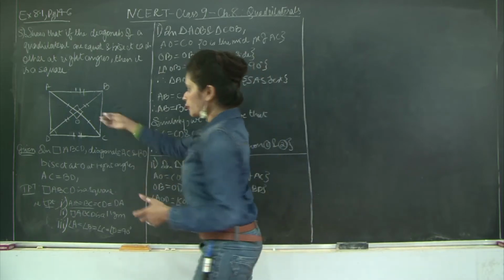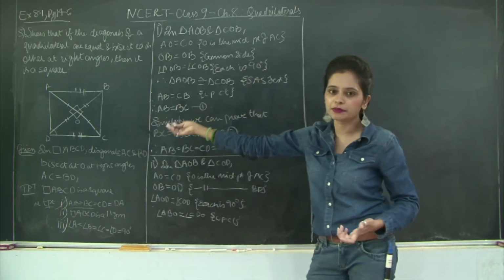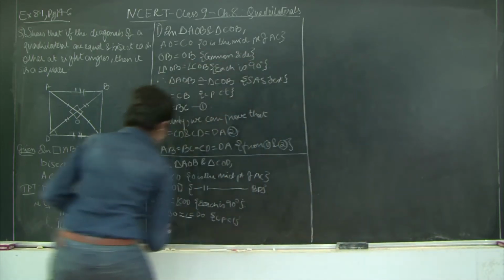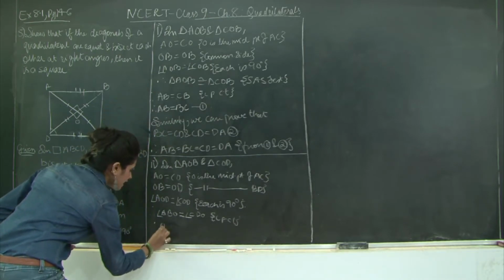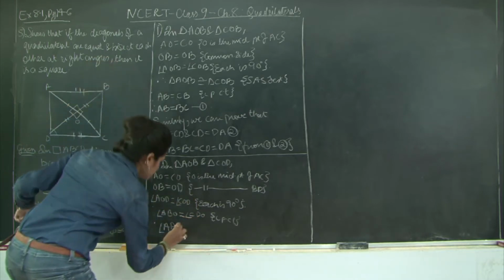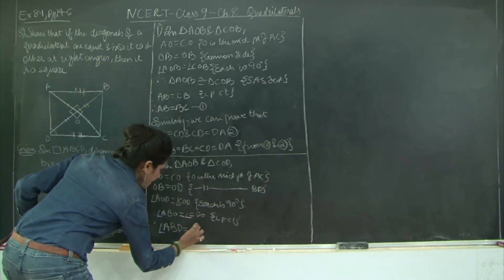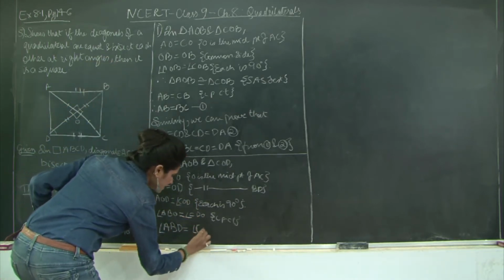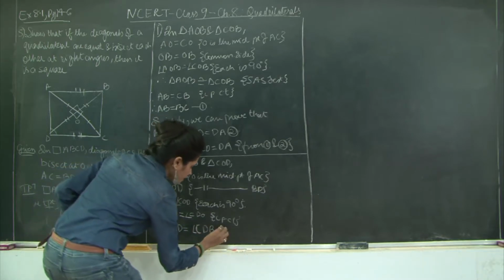And also because O lies on the line segment BD. So let's rewrite this. I will therefore have angle ABD is equal to angle CDB, right?